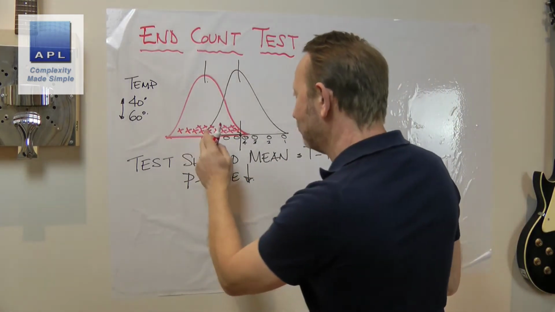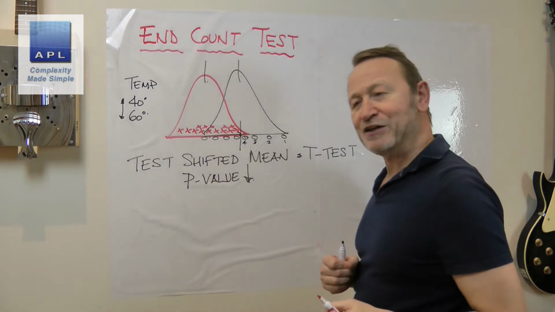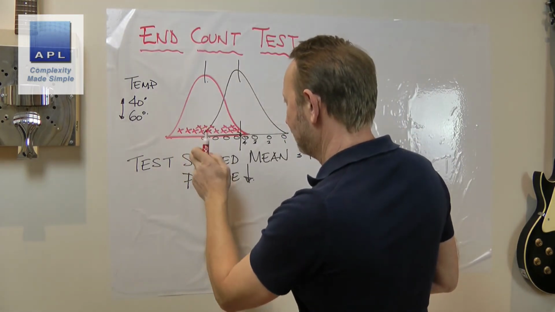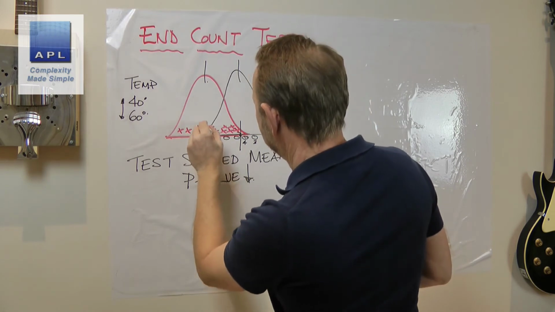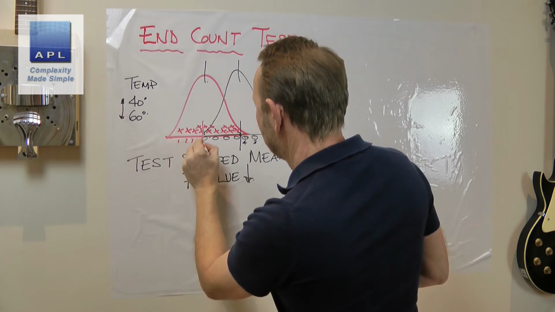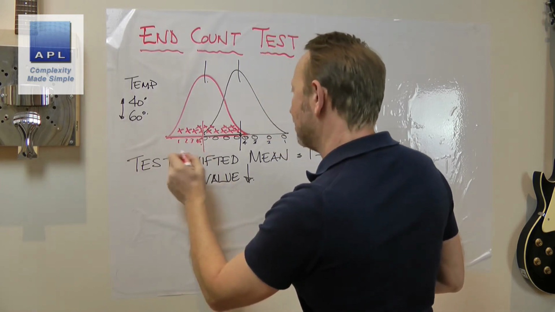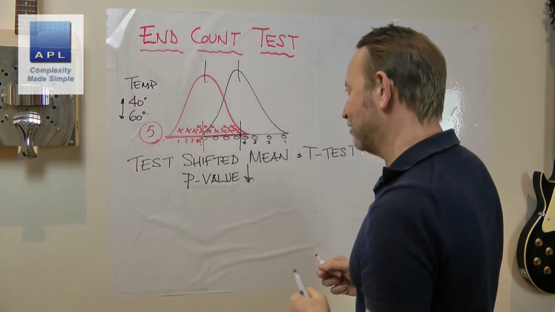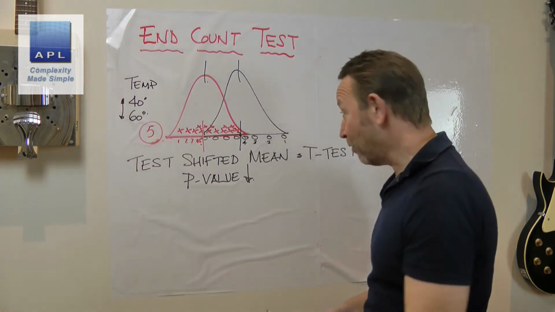Then I count the red ones free of any black interference. 1, 2, 3, 4, 5. I'm going to cut that one off there. So there's 1, 2, 3, 4, there's 5 this end. So I have 5 red data points before I hit the first black one.